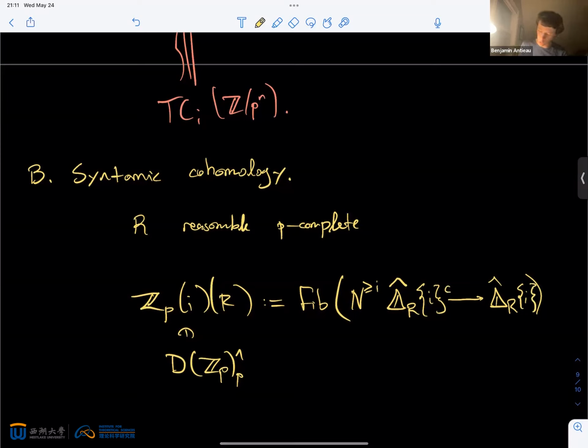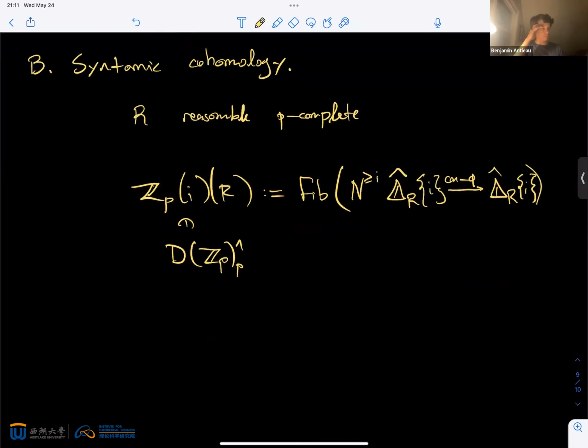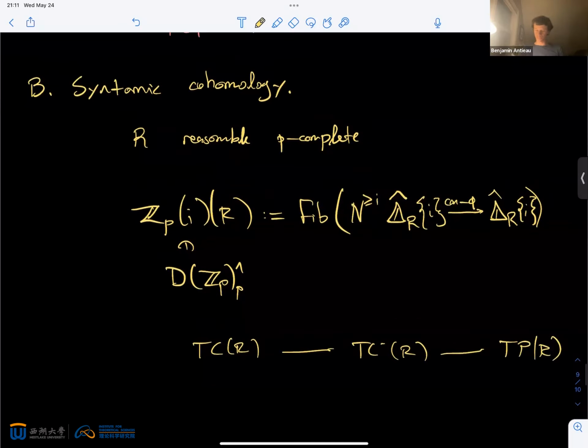And there's two maps from the left to the right called can and phi. And you take the fiber of those. This, if you were at the talk last time, is analogous to the fiber sequence TC(R), TC^-(R), and TP(R). But if that doesn't mean anything to you, ignore it.